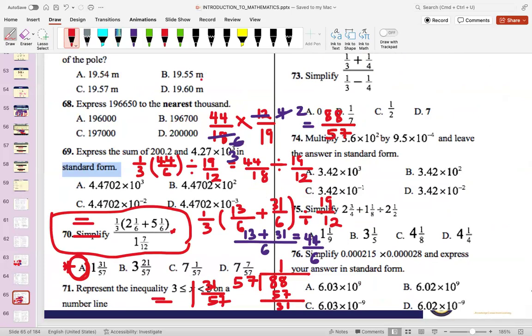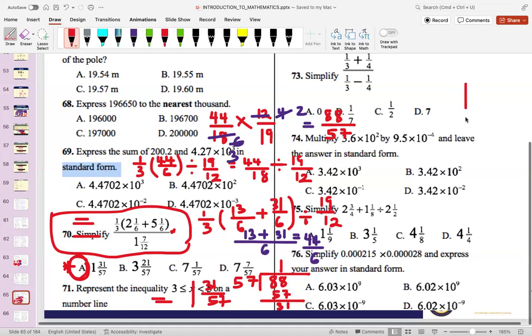Sir, please, the final answer you got during the long division method was 57 over 31? Which side? This one. Yeah, the down. Yes, so this is the answer we had.